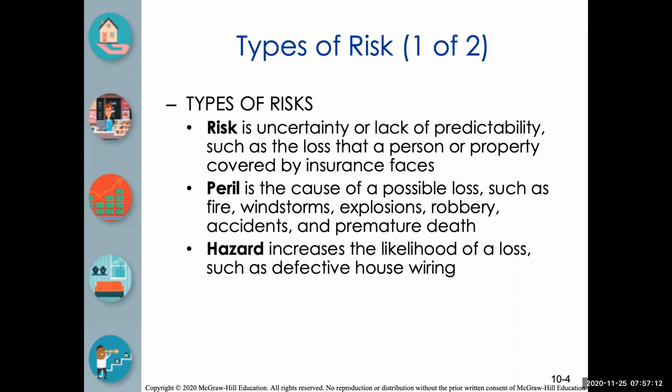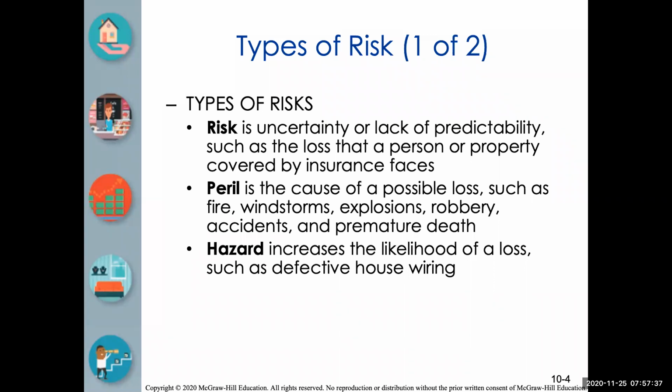We have more certainty that it's not going to happen than we do uncertainty. Whereas in Iowa, we have more certainty that we have more tornado risk than the other parts of the country. So risk is the uncertainty or the lack of predictability, such as the loss that a person or property covered by insurance faces.